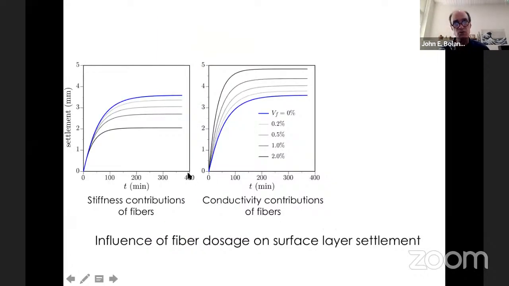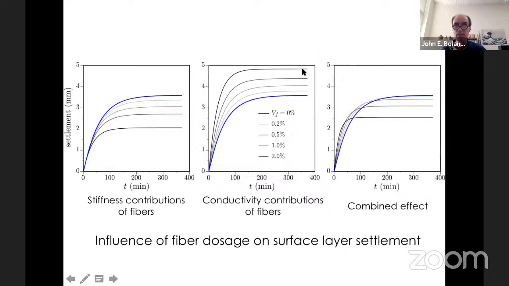And when we plot the two together, you can see that here, as I add fibers, I'm going down. This is 2% fibers. This is 0 fibers. There's a stiffening effect of fiber addition. Here, as I add fibers, I'm increasing the settlement. If I look at each case in isolation, when the two are combined, we see that adding fibers increases settlement at early age, but ultimately decreases the ultimate settlement.